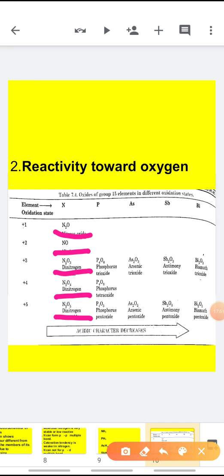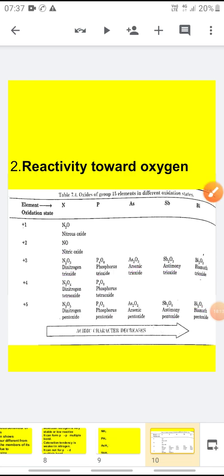Phosphorus, as the size is bigger, forms oxides starting from the oxidation state +3, that is P4O6, P4O8, P4O10. Similarly, arsenic also forms two oxides, antimony also forms oxides, and bismuth also forms two oxides. But the maximum, as you can see, are formed by nitrogen.